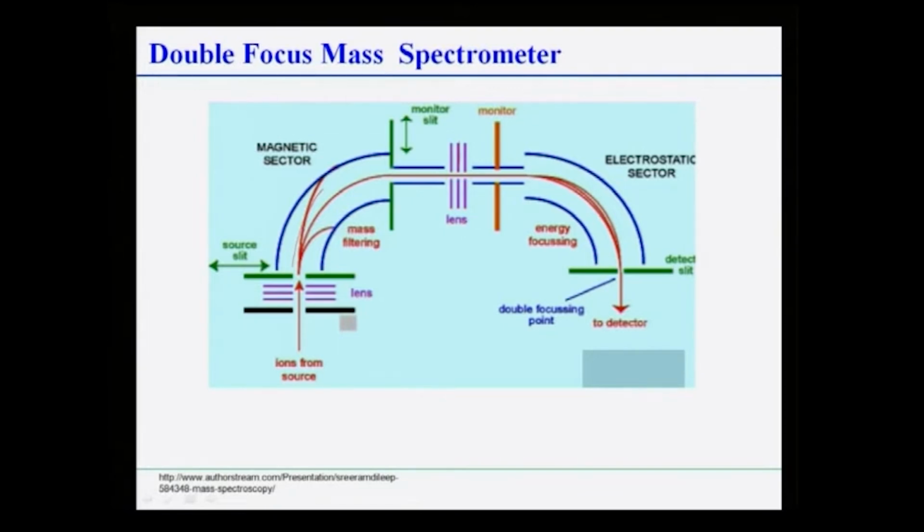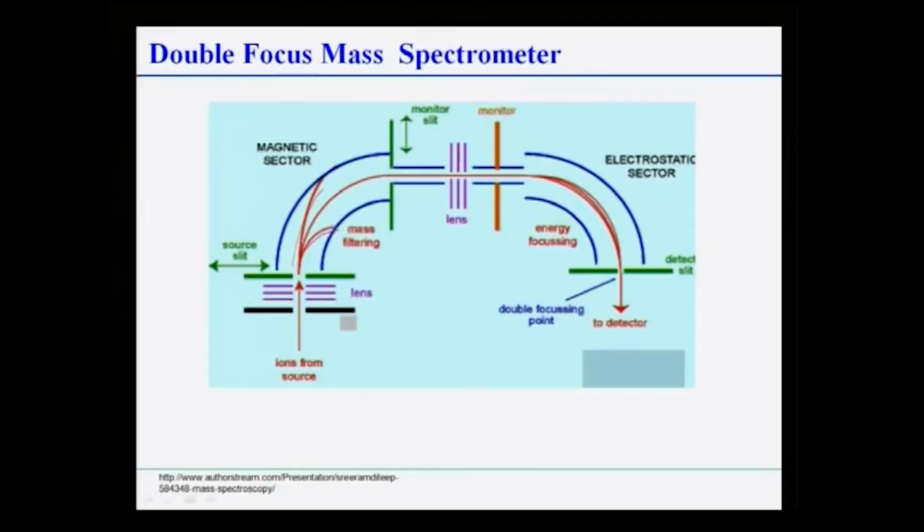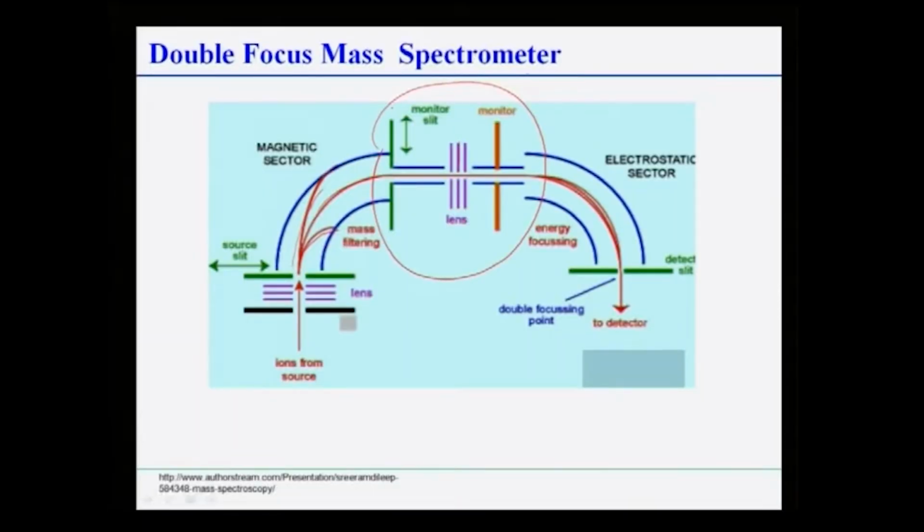If you change the slit a little bit, or if you change the magnetic field, that is the H value, you can allow either this one or this one or this one to pass through the slit and be detected. That is the advantage as compared to the first technique, the single focus mass spectrometer. It has much better resolution than the single focus mass spectrometer, mainly because there is an extra element possible here.